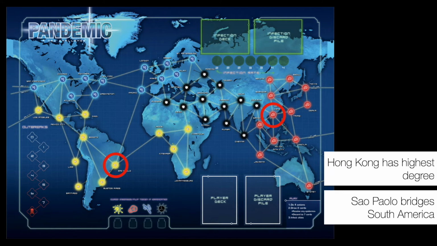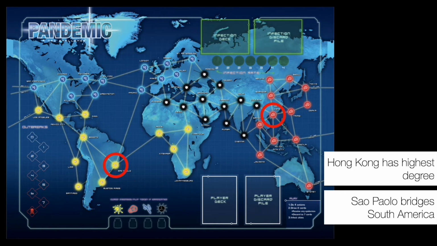Separate from degree, you could look at Sao Paulo and say, well, if we can somehow protect Sao Paulo, then we can cut off the spread of disease between South America and Africa. So South America is bridged to Africa through the city of Sao Paulo, meaning that Sao Paulo also has some importance. And how important these 2 cities are depends on what we are trying to do.